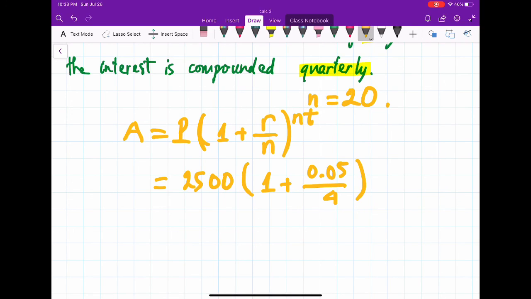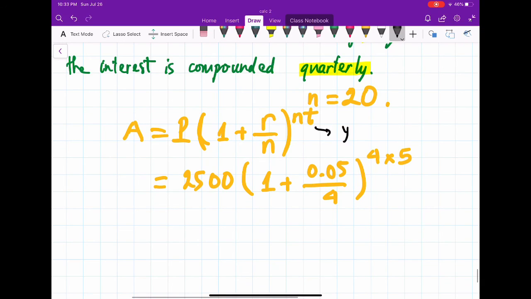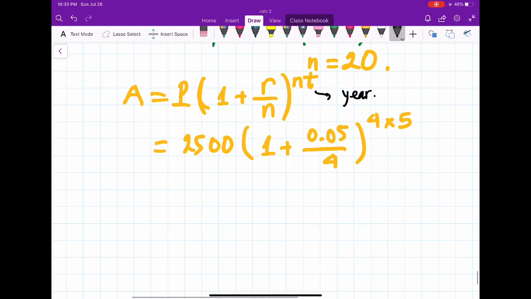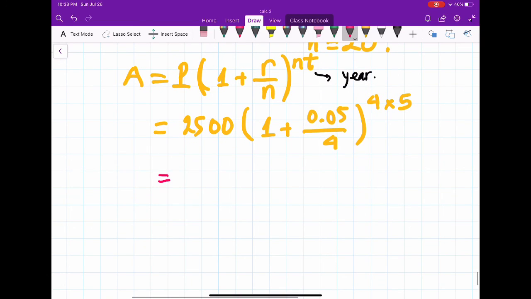And here you have 4 times the years, which is 5 years. So you just need to use the calculator, and you can find this is approximately equal to $3,205.09.